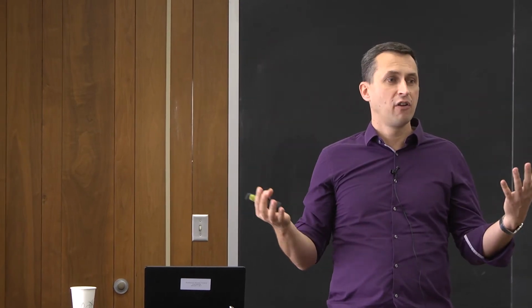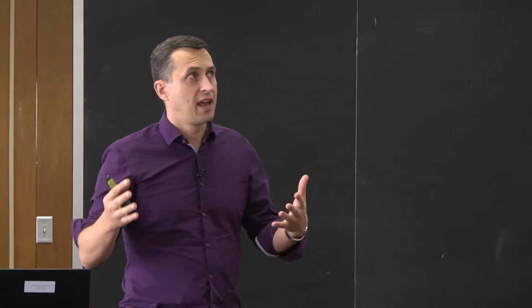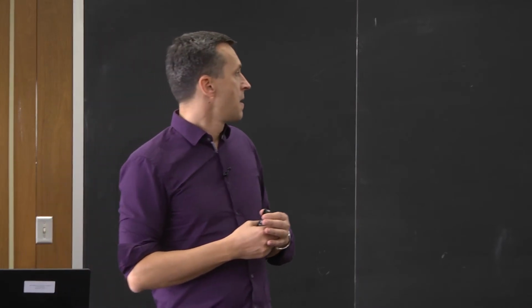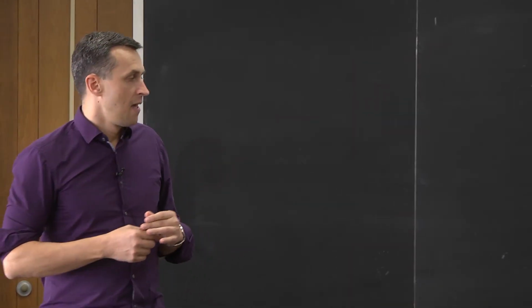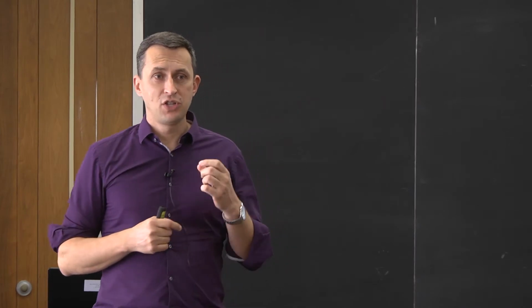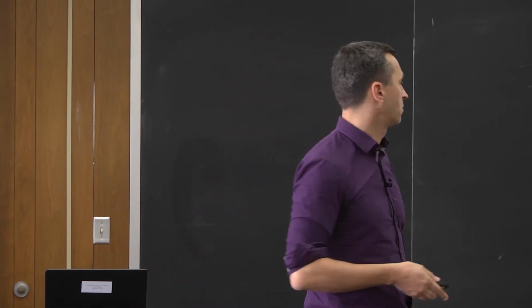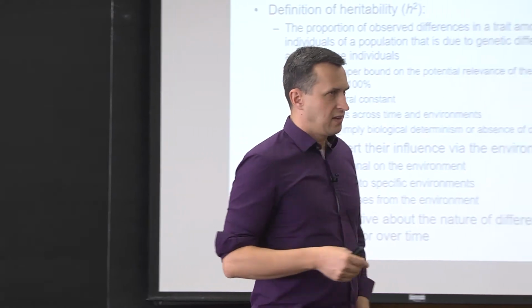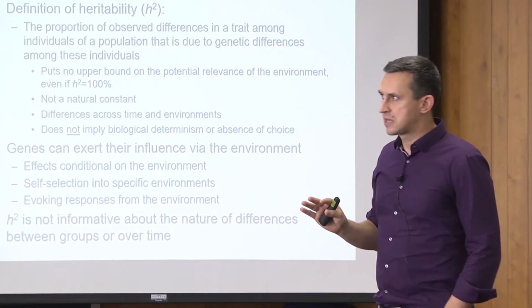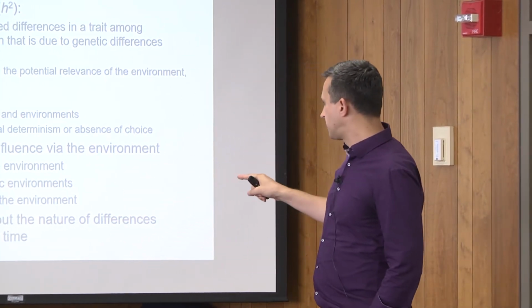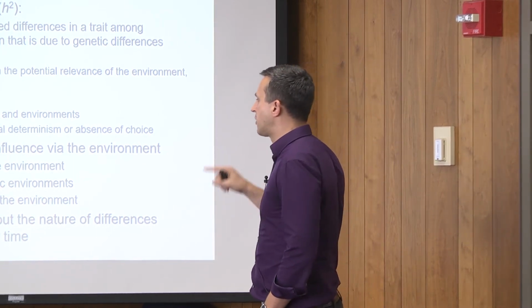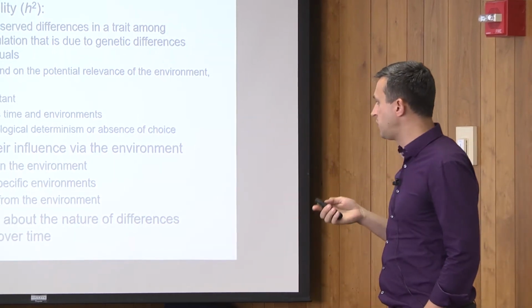If you're born with red hair and the environment responds to that in a way that, for example, you may not get a good job or you may not be accepted to the best colleges, then if you run a genome-wide association study on, let's say, income or college attainment, you would probably find an association between the gene that codes hair color and having a high income. But again, it would be entirely due to environmental circumstances, right? As a result of all of that, it's actually a bit difficult to interpret GWAS results or heritability estimates as clear evidence for anything. But very importantly, they're not informative about the nature of differences between groups or over time.